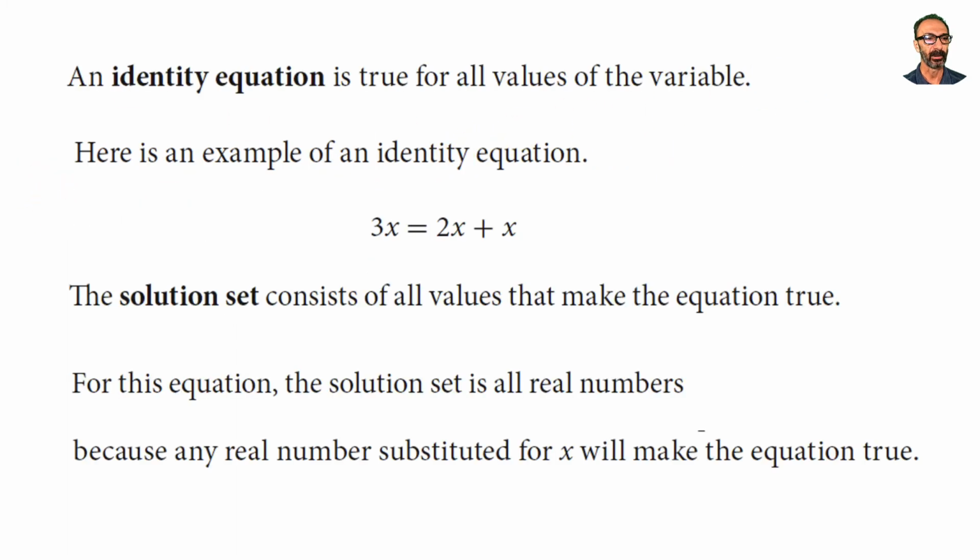Now, an identity equation is true for all values of the variable. Here's an example of an identity equation. Why is this called identity? Because if you try to solve it, simplifying on the right side, you get 2x plus x, which is 3x. The solution set consists of all values that make the equation true.